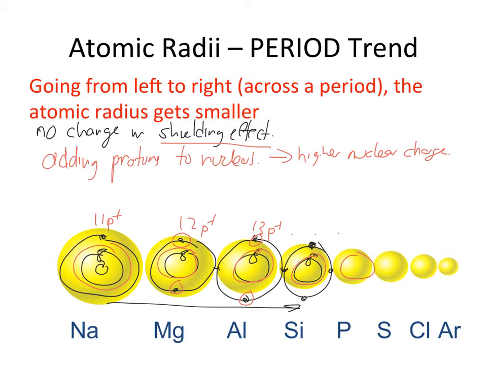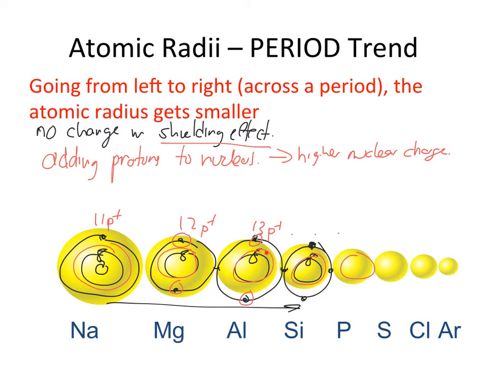So once again, as we add more and more protons as we go from left to right, remember here we have 11 protons, 12 protons, 13 protons, 14, 15, the charge of the nucleus is getting more and more positive. And because it's becoming more and more positive, it's going to pull these electrons on the outer shell closer in.